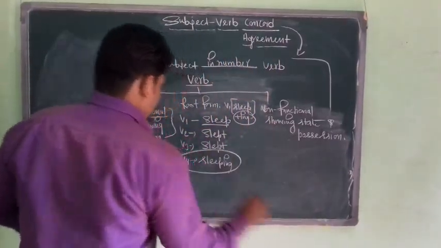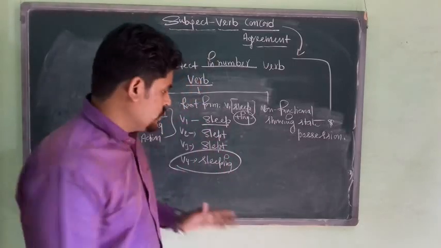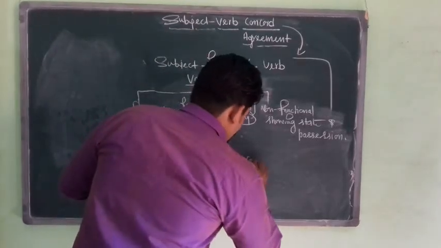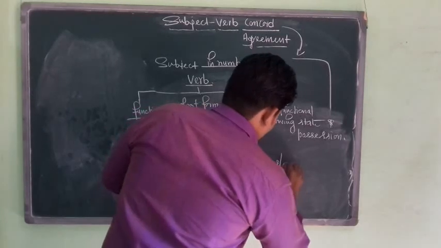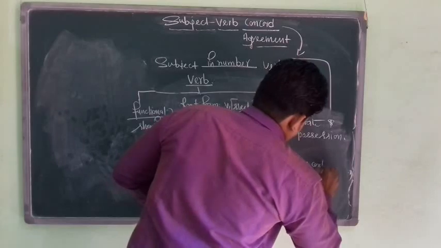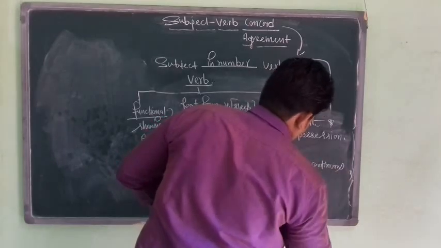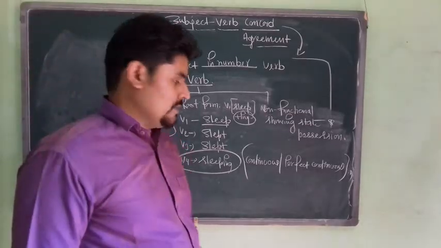And where is this fourth form used, students? This fourth form of verb is used in progressive, means continuous, as well as in perfect continuous tense.